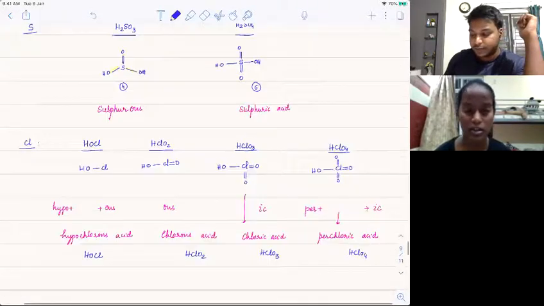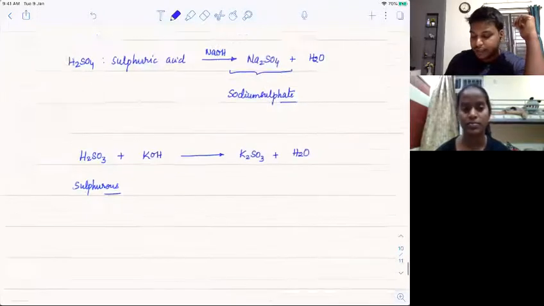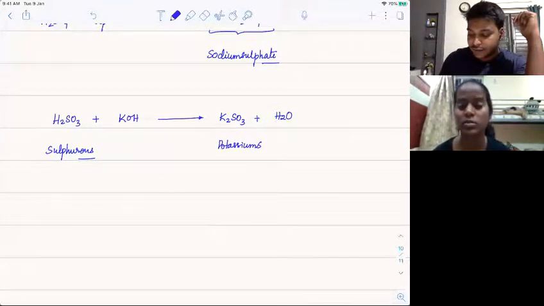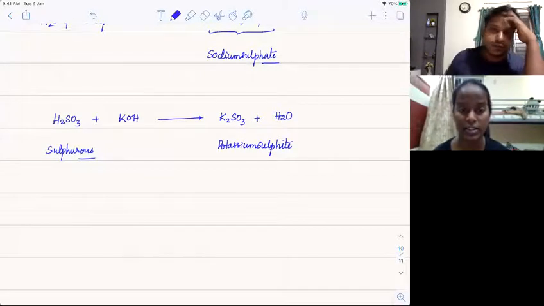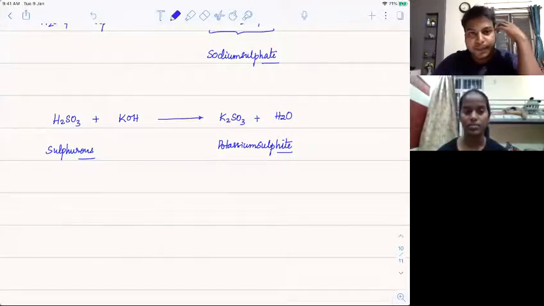H2SO4 is ic. Right? These two, check it out. H2SO3 is an us acid. SO4 is an ic acid. So this is an us acid. So what should be the name of this one? Potassium sulfite. Because an us acid will always end up with ite. Right. Yeah. Us will always end up with ite. Okay.